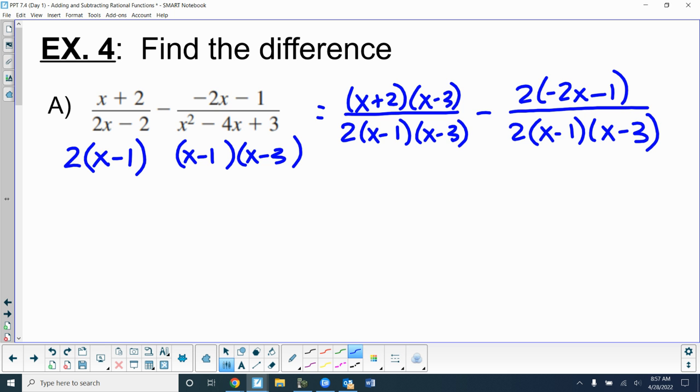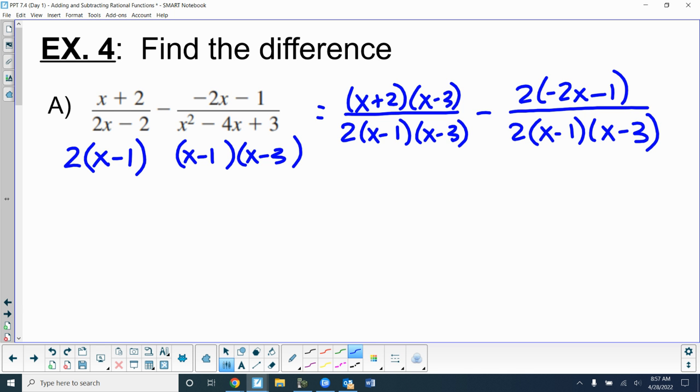Why would you multiply it by 2? Okay, so here's the original. See both of those? What did I do to it? I multiplied by 2, right? Yeah. So whatever I did to this, I gotta do to that. So I can multiply that by 2. Okay, here was the original, which is these two. What did I multiply by?